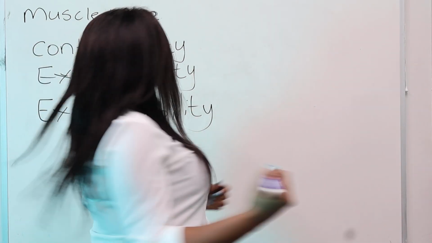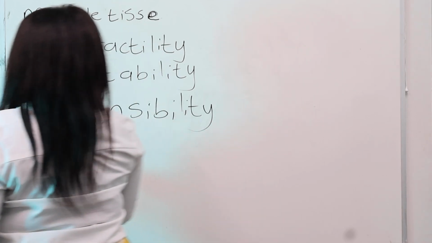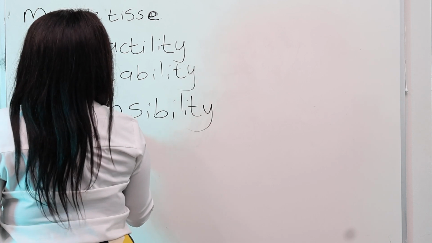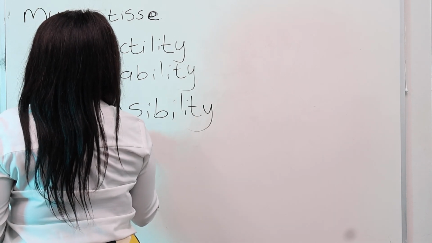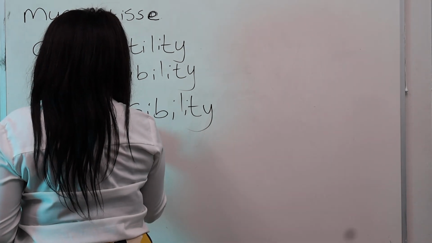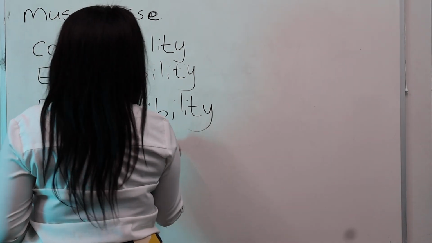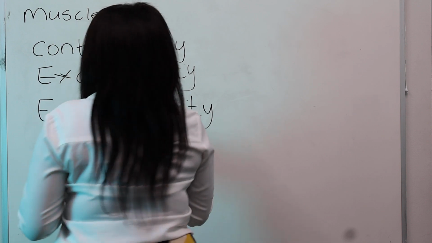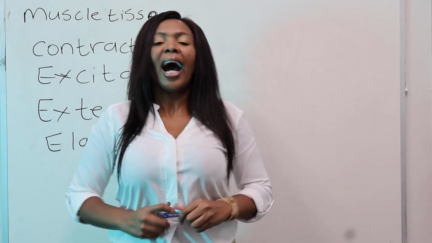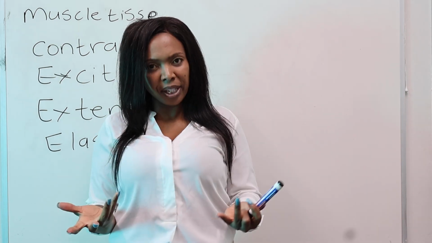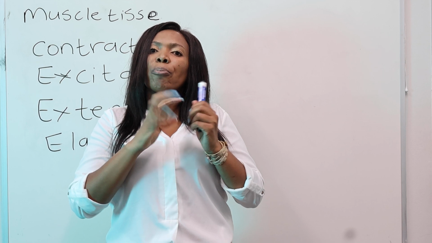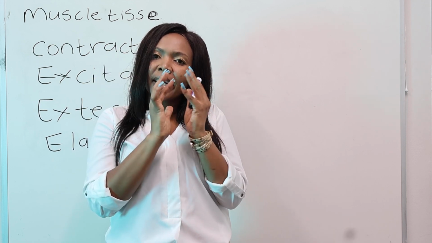The next characteristic is elasticity. So, muscles are elastic. What do we mean? We mean they have the ability to come back.